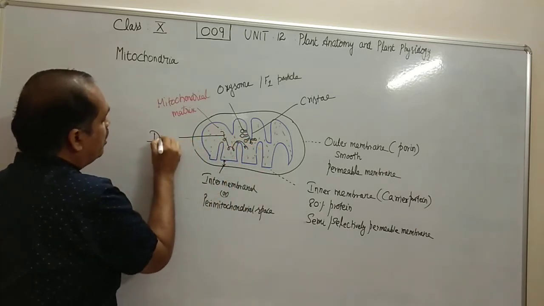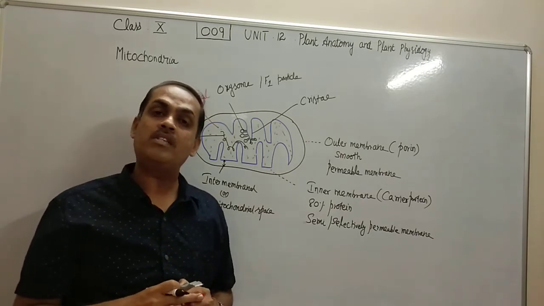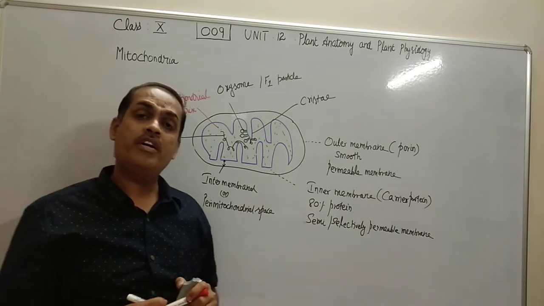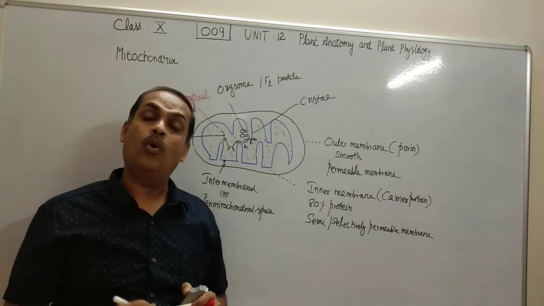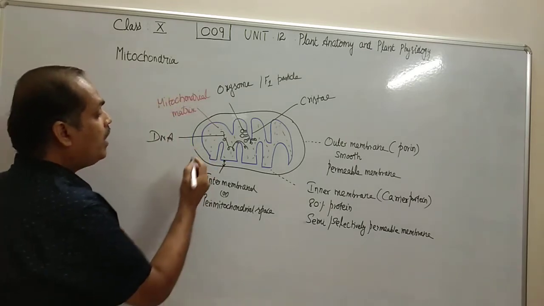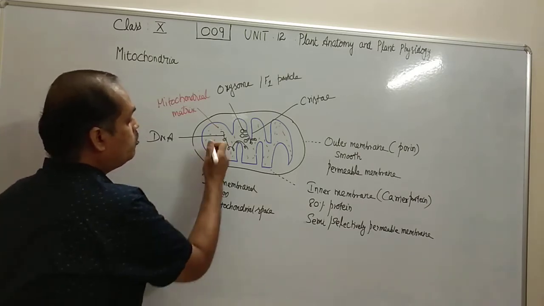Since this organelle has its own DNA, it is otherwise called a semi-autonomous organelle. Chloroplast and mitochondria are called semi-autonomous organelles because they contain their own DNA. Along with the circular DNA, they also have ribosomes.